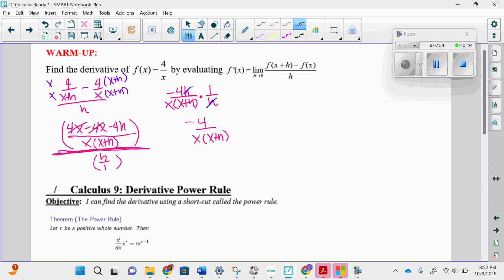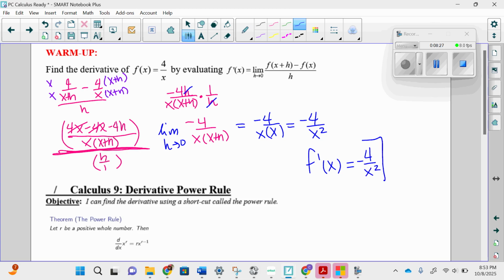So now, if we evaluate the limit of that as h approaches 0, we get negative 4 over x times x, because h now has approached 0. So that's negative 4 over x squared. So f prime of x, or the derivative of f of x, is negative 4 over x squared.